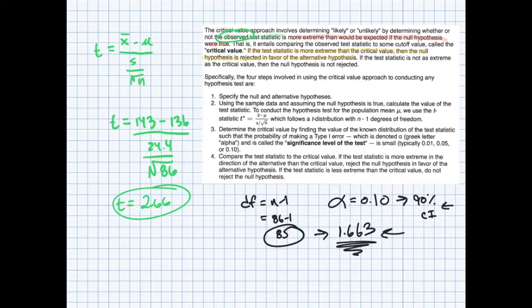So we are comparing the test statistic of 2.66 to the t-critical value of 1.663, and we can see that this is greater than our critical value. The critical value is what is expected if the null hypothesis were true. Since our test statistic is greater than that, we reject the null.